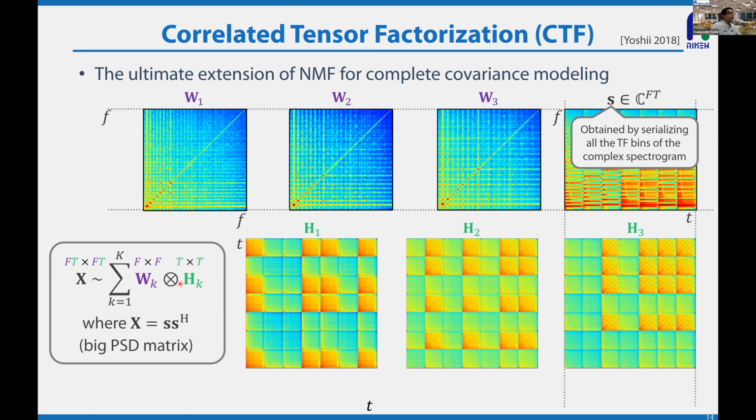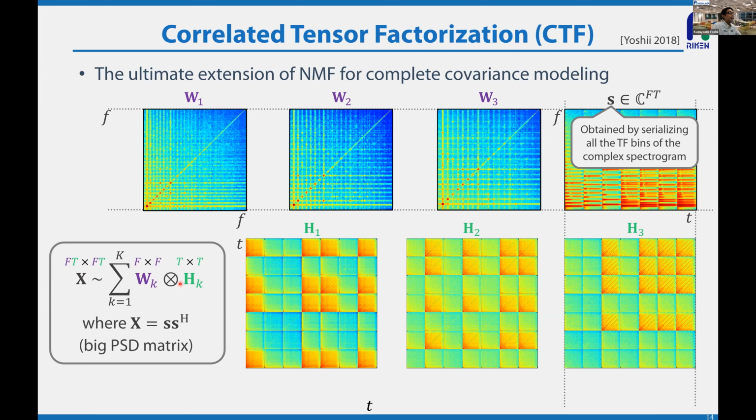So this can be feasible even when the Fourier transform is not used. I mean the decomposition can be directly applied to the time domain signal. So this is very interesting. And this feature indicates that the CTF model can deal with phase information directly.